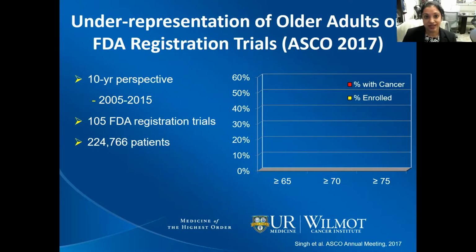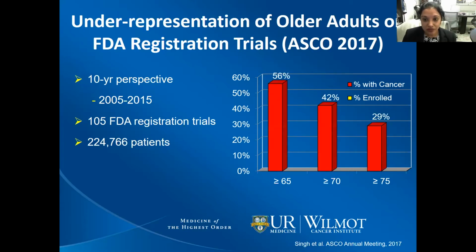Unfortunately, older adults are not included in the therapeutic clinical trials that provide us with evidence about the safety and efficacy of treatments that we use in the clinic. This is work done by Dr. Harpreet Singh, who's a strong advocate of geriatric oncology within the FDA. She presented data of the 10-year perspective of FDA registration trials from 2005 to 2015.